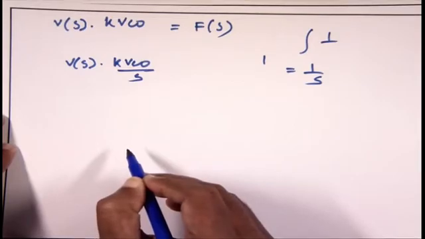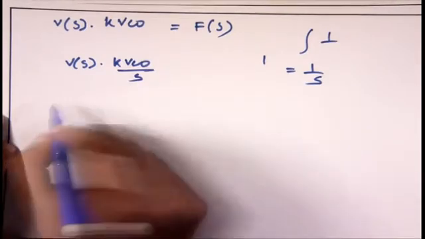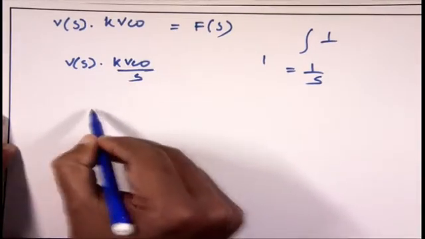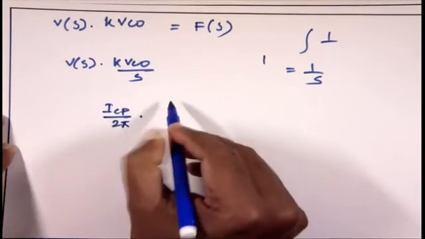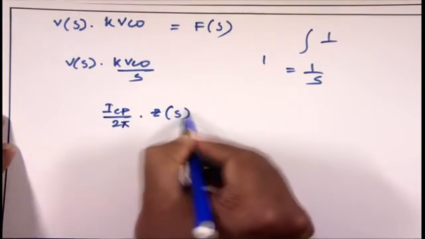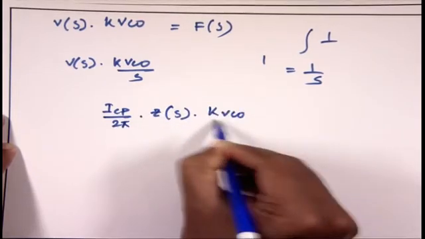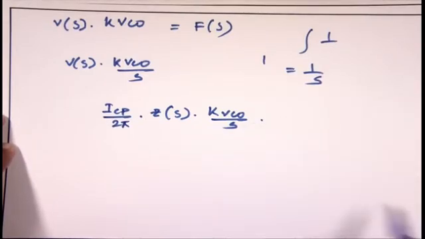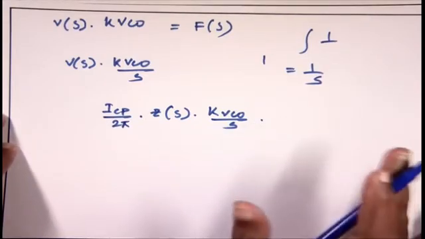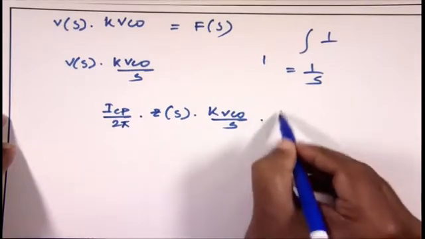So I got three things: ICP by twice pi, into ZS, into K VCO by S, and then I have a divider factor of integer n.